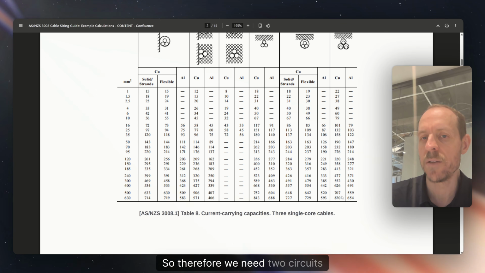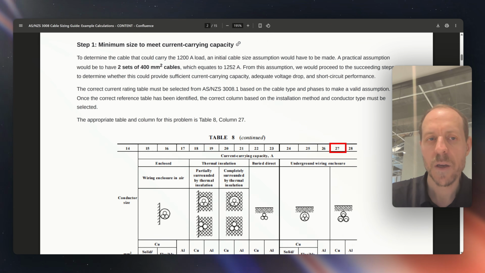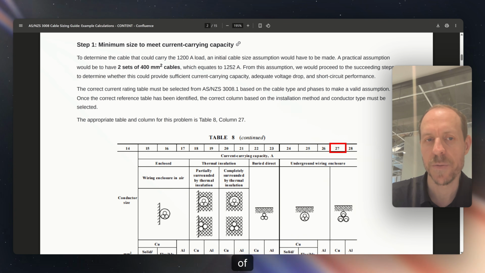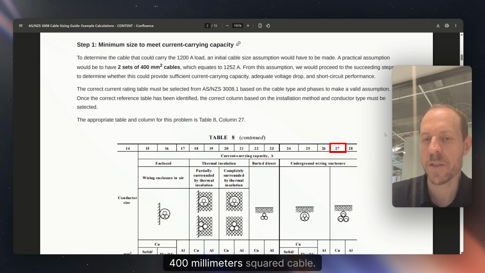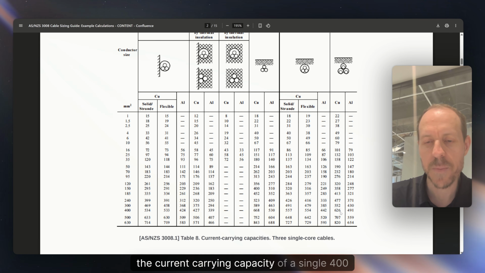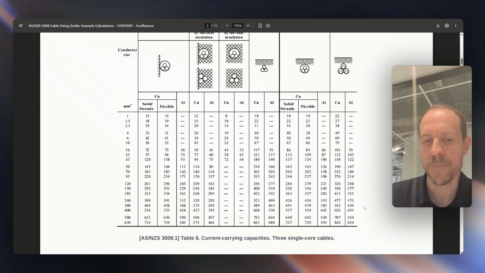So therefore we need two circuits of some other size. We are proposing two circuits of 400 millimeters squared cable. The current carrying capacity of a single 400 millimeters squared circuit in this case is 626 amps.